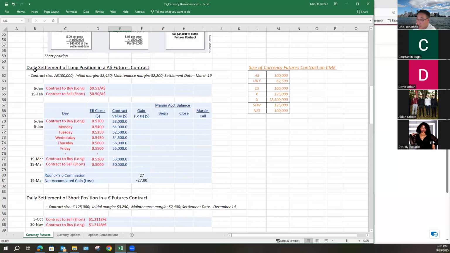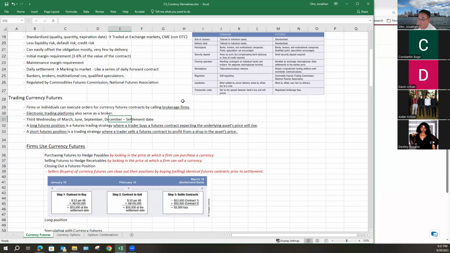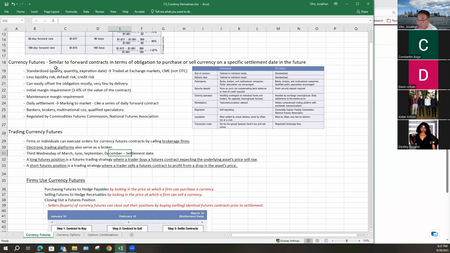Suppose daily settlement of a long position in the Australian dollar futures contract. I told you, when we look at this, first, you can easily offset the obligation mostly, and very few by actual delivery. So we could see that from this example, right?